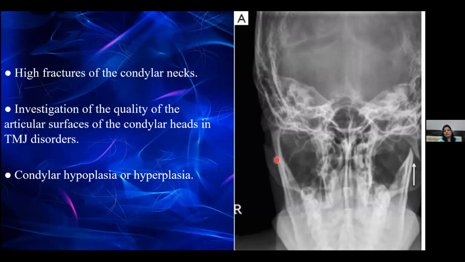Then high fractures of the condylar neck, definitely. And I can even see the articulating surfaces. Whether the condyle is hyperplastic or hypoplastic, that I can also see. So most of the indications are related to the condyle. But yes, the cranium, the nasal cavity, and the mastoid areas can also be visualized. Okay.